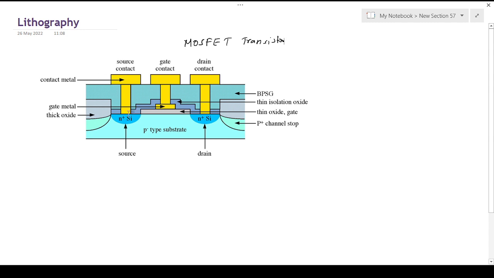Even on a p-type substrate, creating a MOSFET transistor involves many procedures. From the perspective of a person fabricating this MOSFET transistor, you can clearly understand that it involves different levels of coating and different levels of patterning in order to create a MOSFET transistor on an industrial basis.